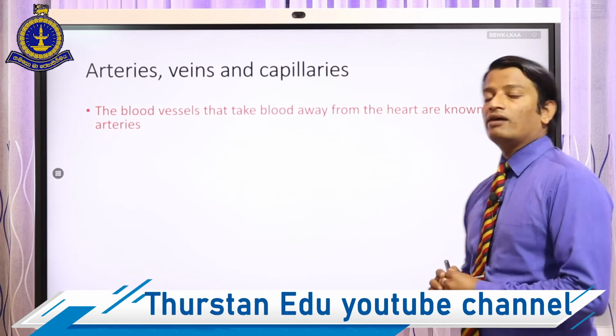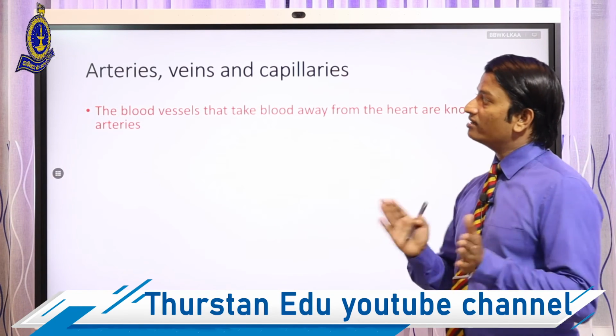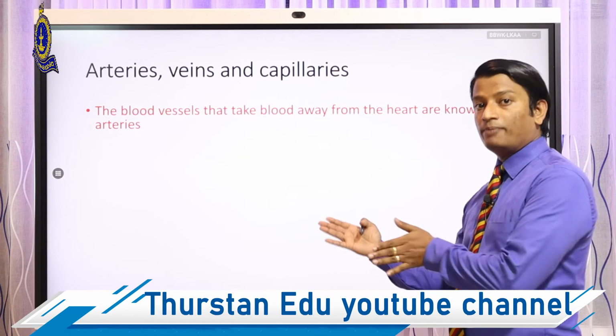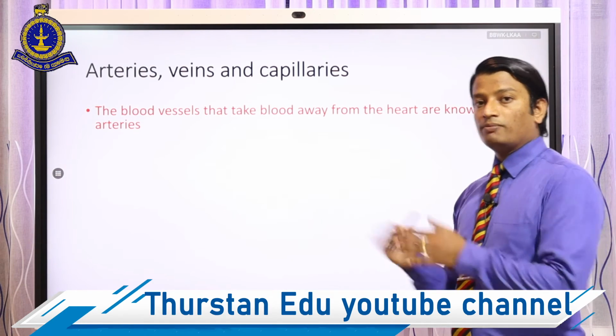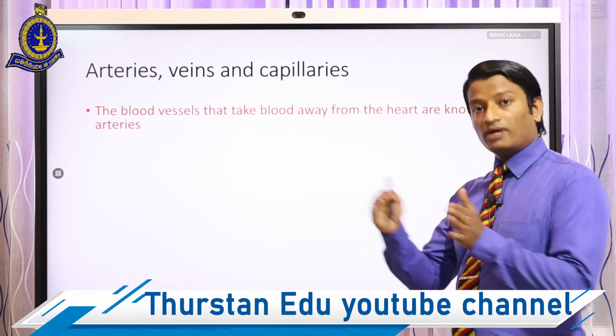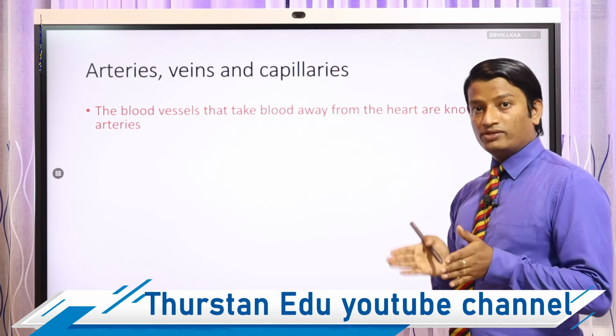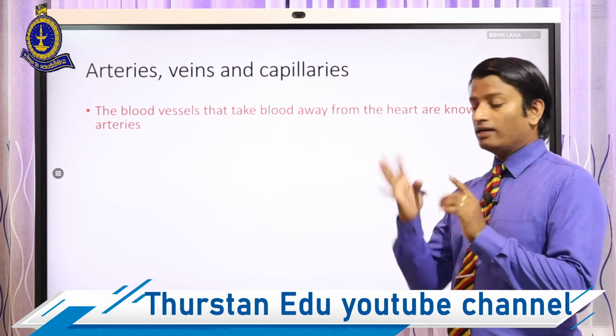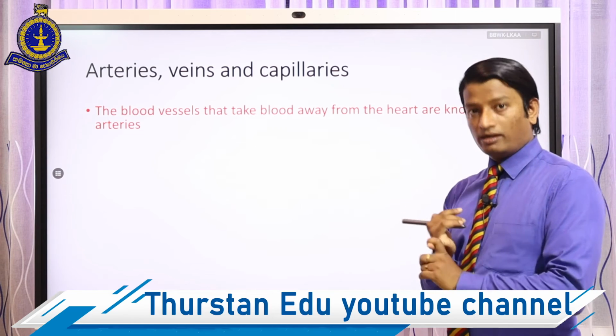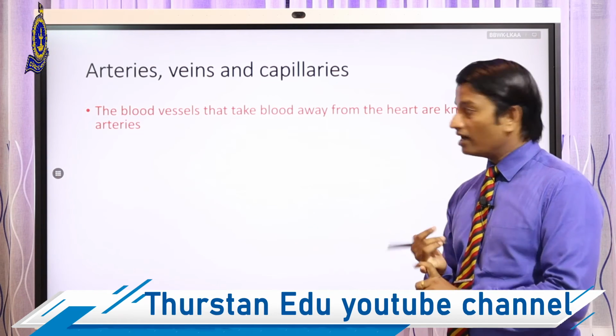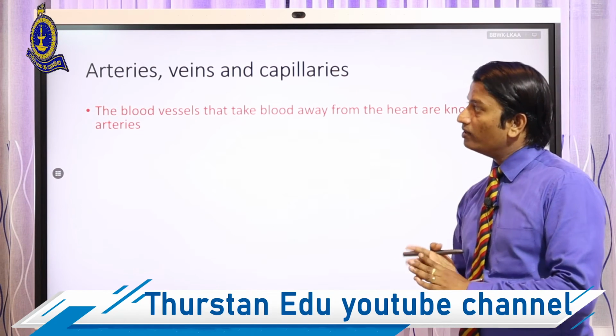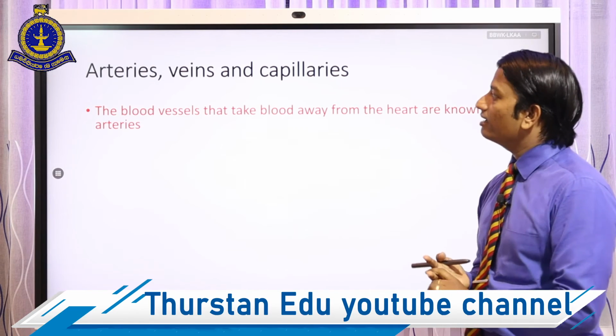Then we are going to study further about these arteries, veins and capillaries, which belong to the second part of our blood circulatory system. We studied the heart and its main structure in the first part, and in the second part we are going to study arteries, veins and capillaries.